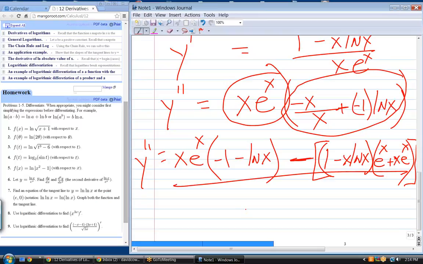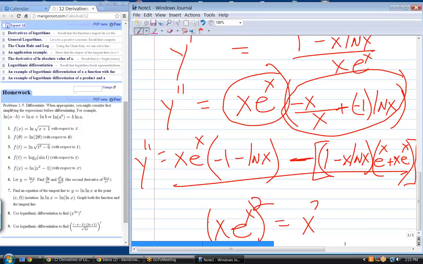x e to the x, it's this squared. What do you get when you square x e to the x? What is that equal to? x e to the 2x?